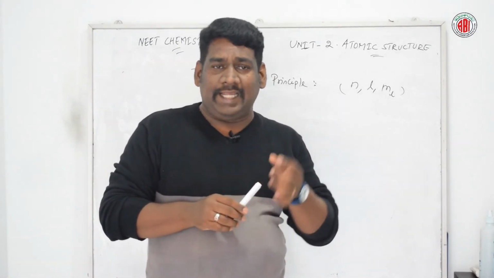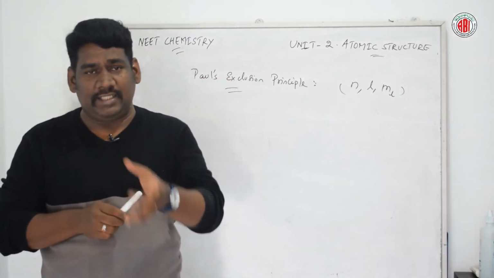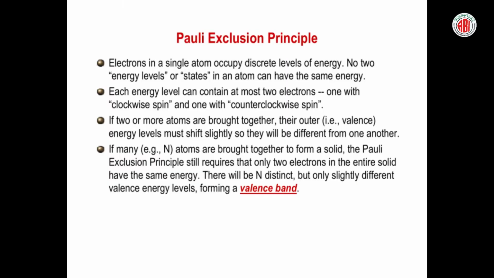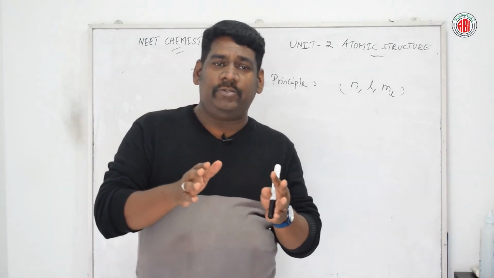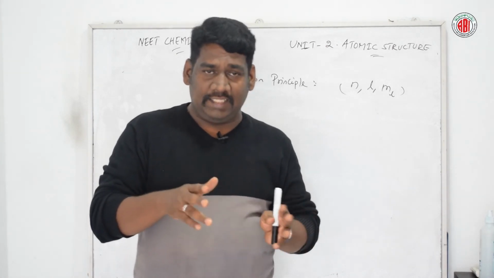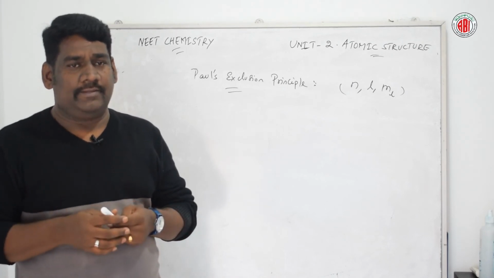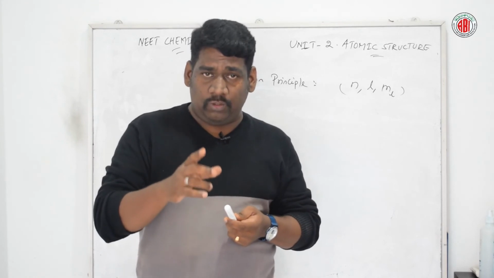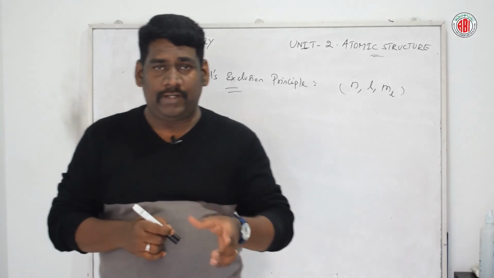And the electrons present in an orbital must have the same values of n, l, ml. It follows that it can have 2 values of s, either plus 1 by 2 or minus 1 by 2. In other words, an orbital can have at the most 2 electrons, provided their spin quantum numbers are different.